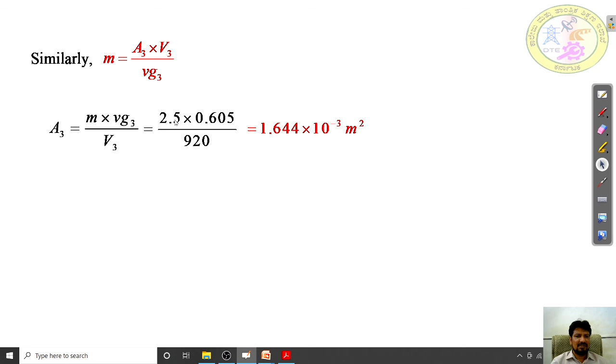Here m is given as 2.5, and Vg3 from the steam table corresponding to a pressure of 3 bar is 0.605, divided by V3, the velocity at the exit condition, that is 920 meter per second. After calculation, you will get 1.644 into 10 to the power of minus 3 meter square. This is the value for the area at the exit of the nozzle.